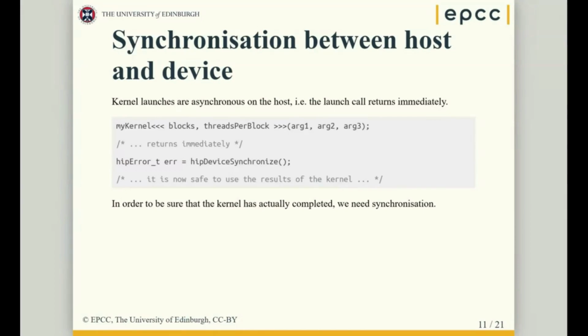The macro is used for simplicity in the code, because we will execute a lot of hip functions, and it's better to use the macro in order not to repeat code. So before finishing the program, we will need to run hip device synchronize. This is a synchronous function. Once this function finishes, it means that the kernel has been executed.